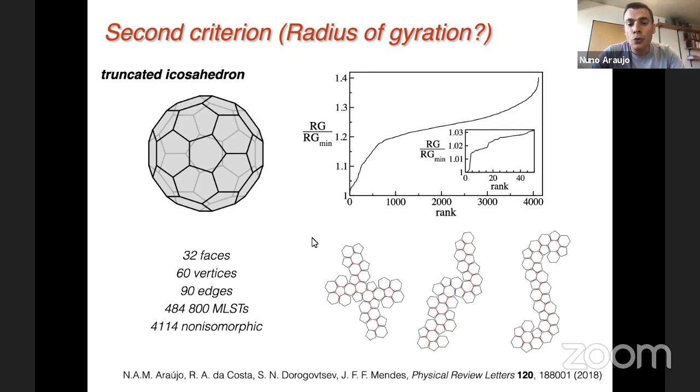But if you now rank them based on the radius of gyration, you clearly see that the radius of gyration initially increases with the rank. So if you are looking for the net that simultaneously maximizes the number of vertex connections and minimizes the radius of gyration, without such a method it will be impossible, because it's one out of many different configurations.